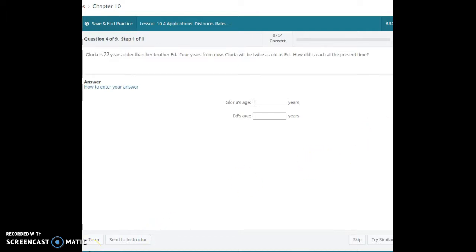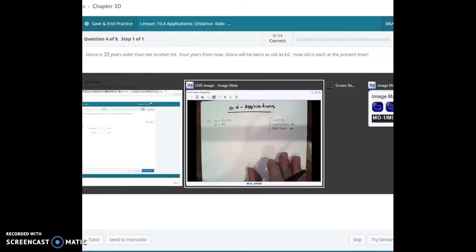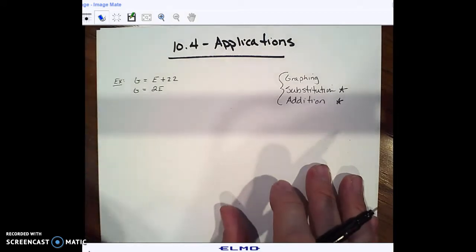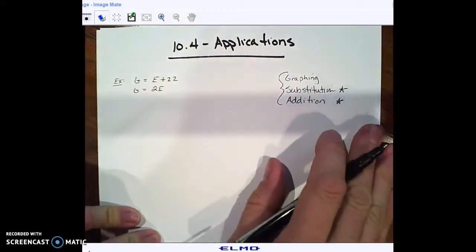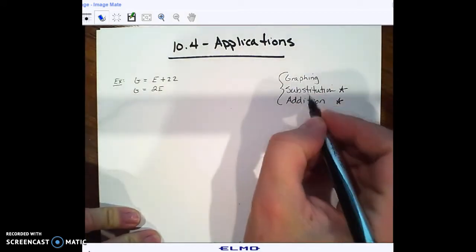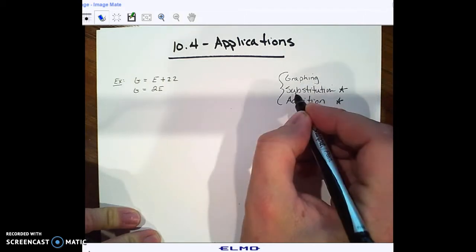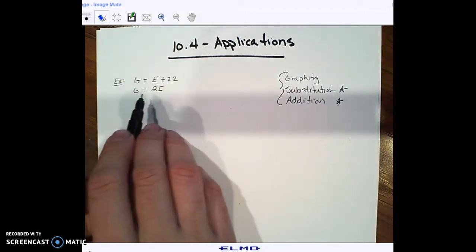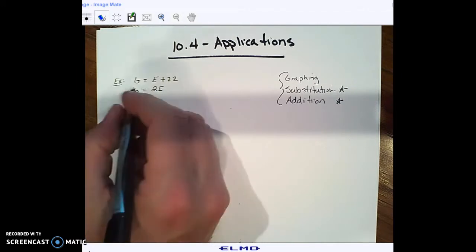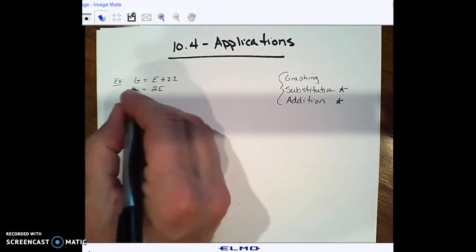Okay, so you should have written that down, and now we can go about working the problem. Let's take a look here. Do we want to use graphing, substitution, addition? What do we want to use? To me, this just screams substitution because I've already solved for my g.